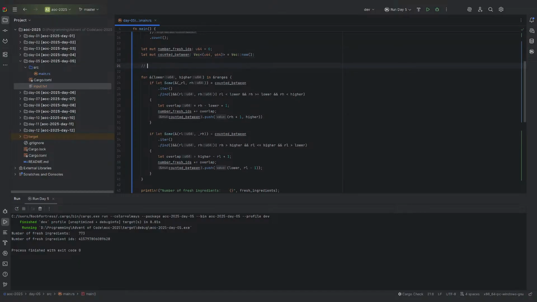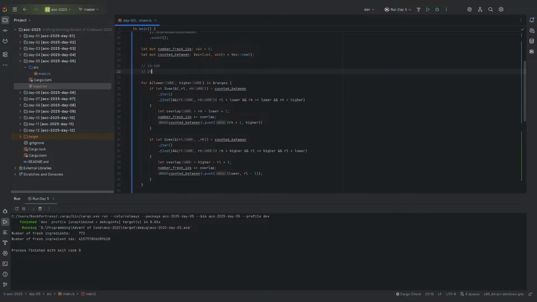For example, I have 10 to 100 and 20 to 80. This won't quite work, I don't think. Can I put two separate ranges, I guess? It should be fine.